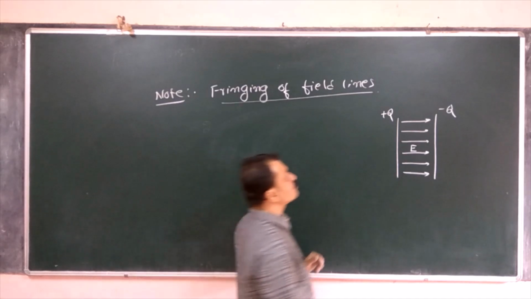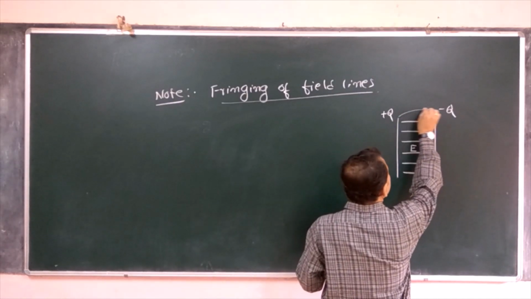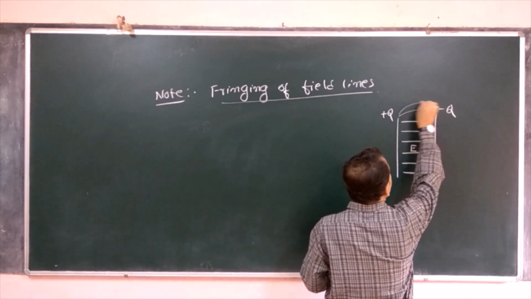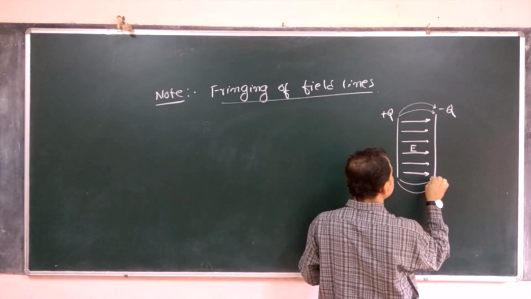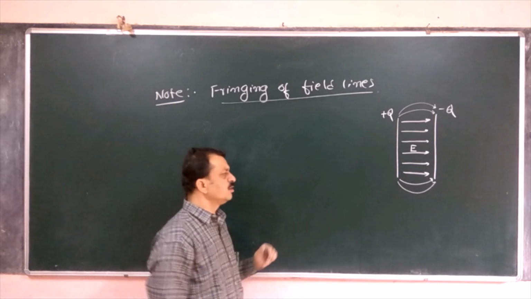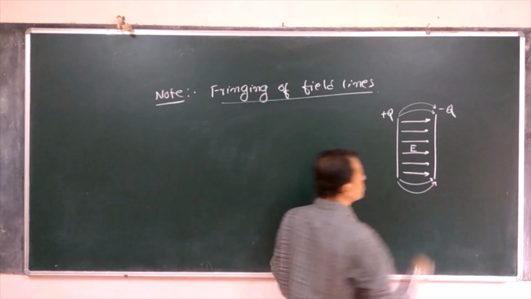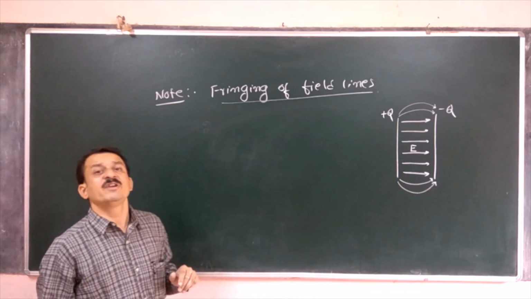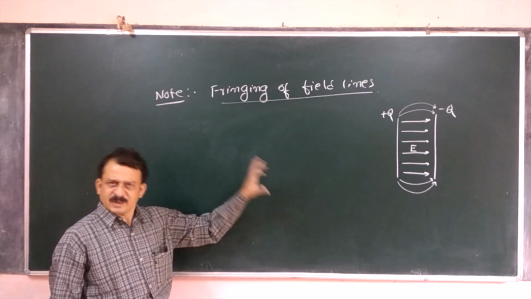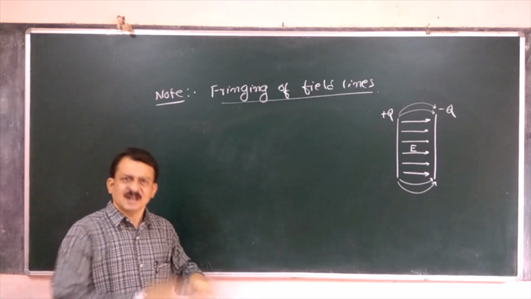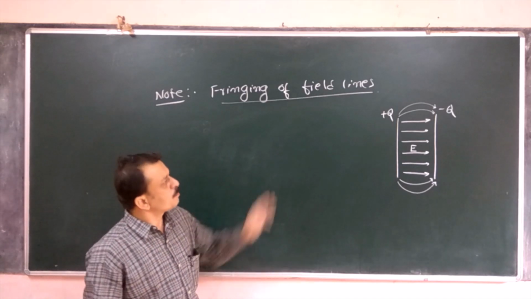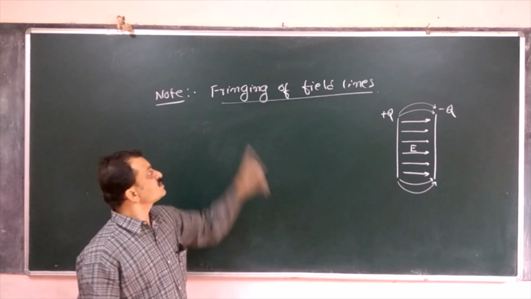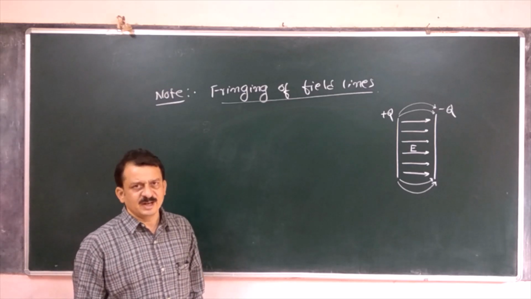But actually we observe that at the edges these field lines become curved. They bend, they are not parallel, and this is called fringing of field lines.